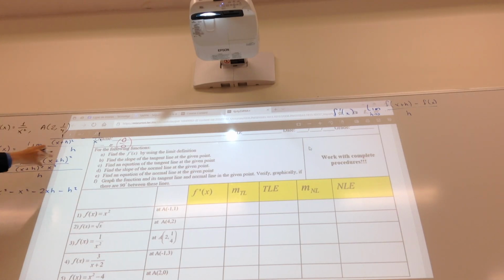Because the minus affects everything that is in that binomial to the square. Over this, we leave it the same, you don't need to multiply or anything: (x plus h) squared times x squared. I just need to expand the numerator, not the denominator. All of it over h.